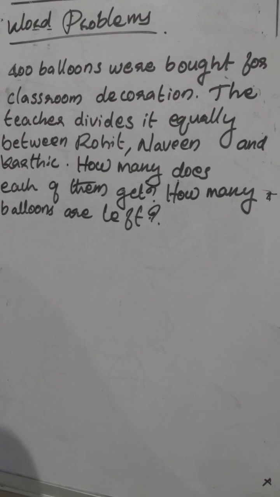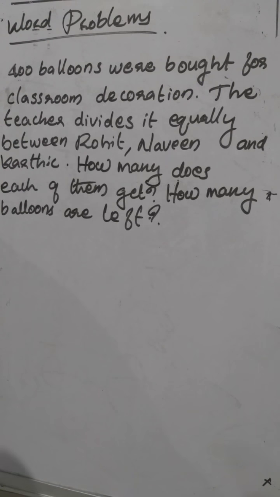So there are 3 persons, so we have to divide these 400 balloons by 3. And we get a quotient. This quotient will be the number of balloons got by each of them. Then if we have a remainder, the remainder will be the number of balloons left. Let's start doing our question.